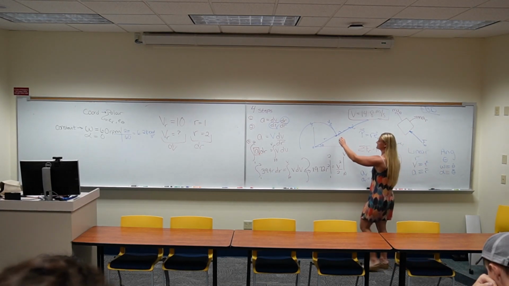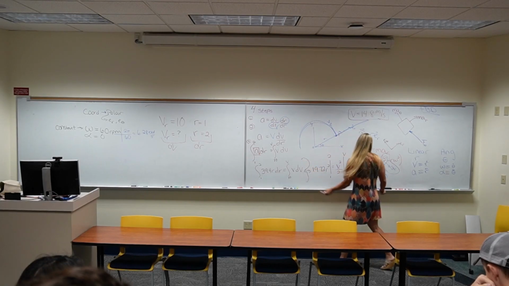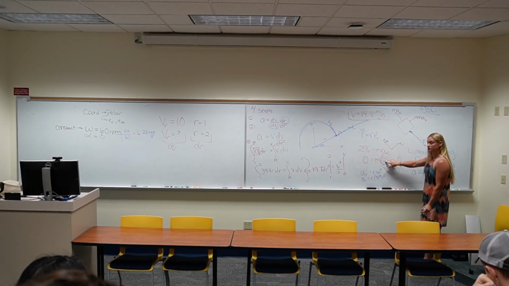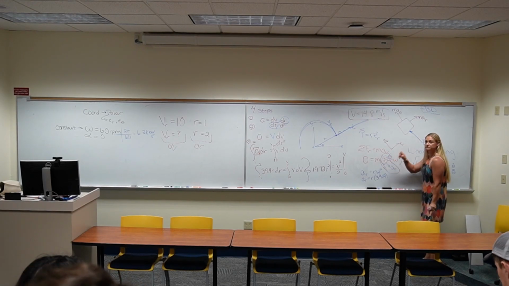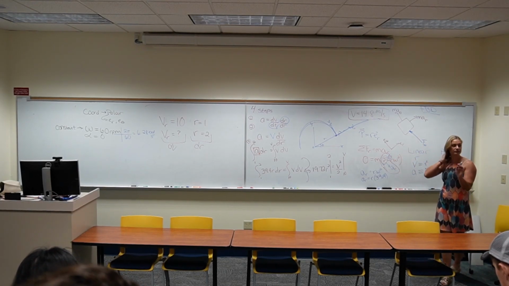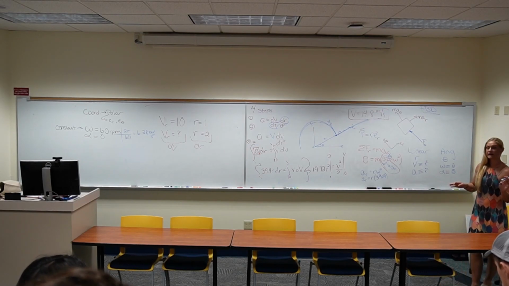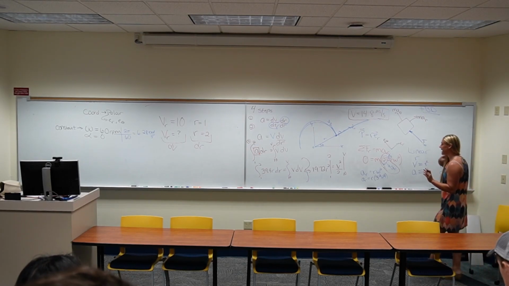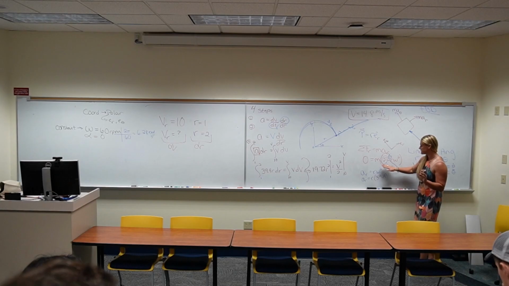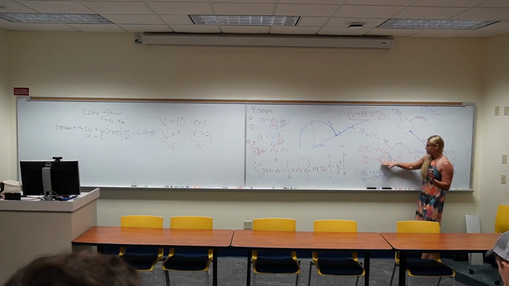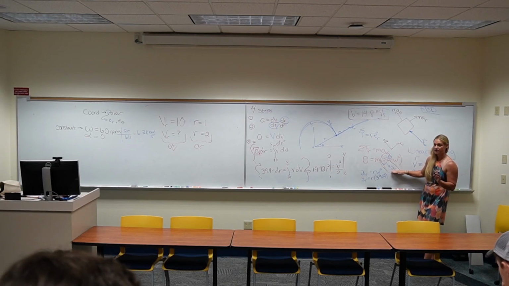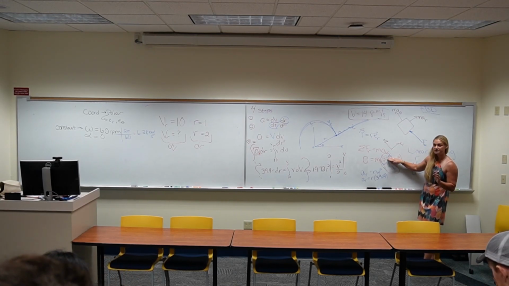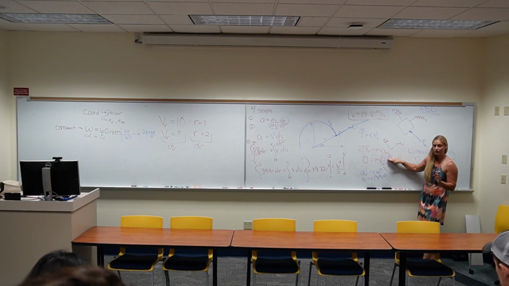If it was accelerating this way, then this symbol would be a theta double dot. Everybody understand that? Okay, so when I ask you to write these equations and then we explain each term, and you say this is linear acceleration, you should know that that is linear acceleration in the radial direction. If you saw a theta double dot, that would be angular acceleration in the transverse.